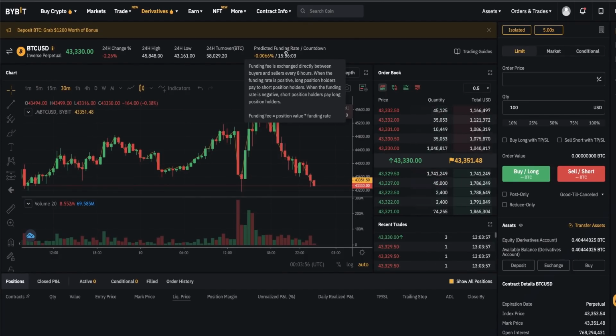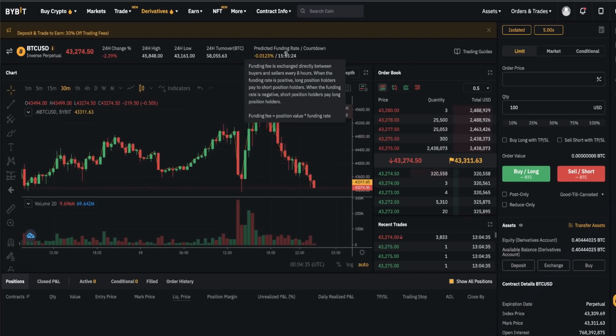When the funding rate is positive, you can see it's currently negative, minus 0.0066%, at least that's the predicted funding rate. When it is positive, if you are in a long position, you're paying the short holders. So you have to pay in order to keep that position open. Every day, you need to have a little bit of Bitcoin or USDT in order to pay the funding fee for that position, which makes holding a position for 6 months or a year on Bybit a potentially very costly proposition.